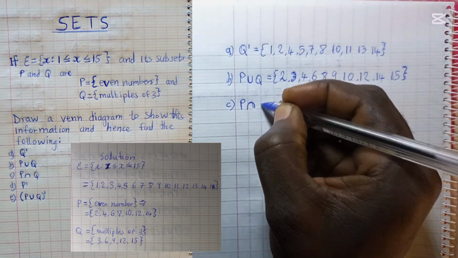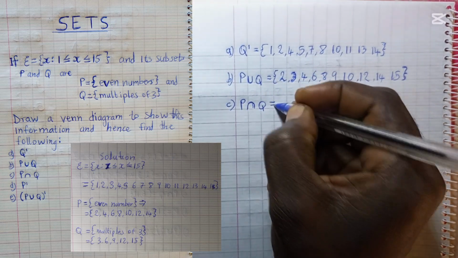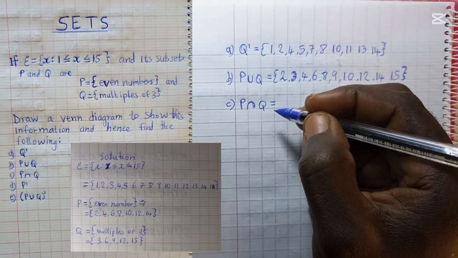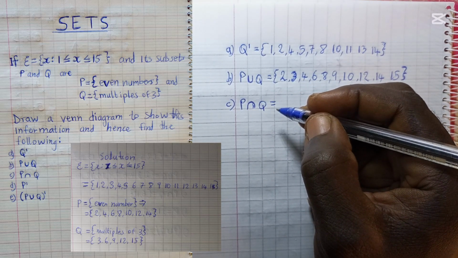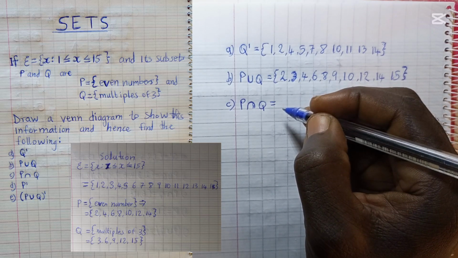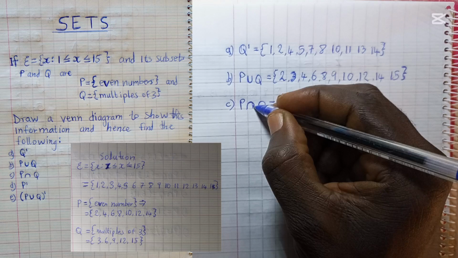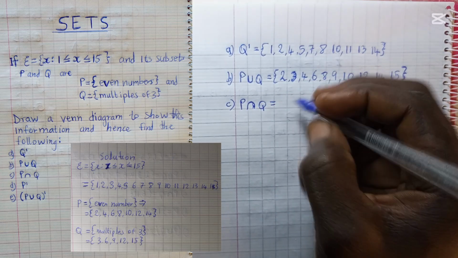intersection Q. P intersection Q. And what does that mean? It means we should find the elements that can be found in set P and also in set Q. That's the meaning of intersection. This is the symbol for intersection.